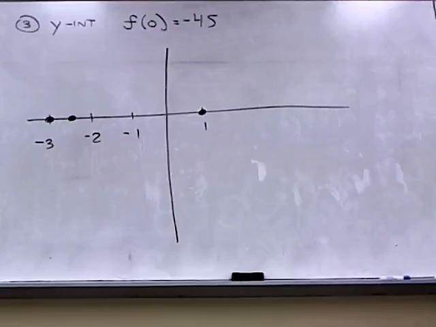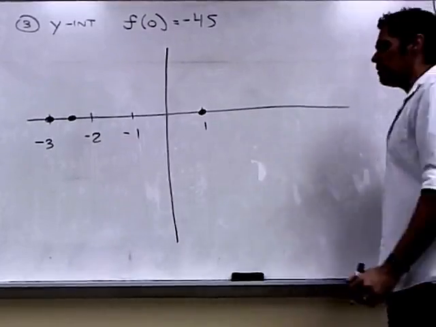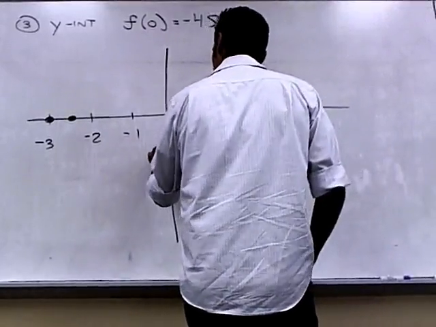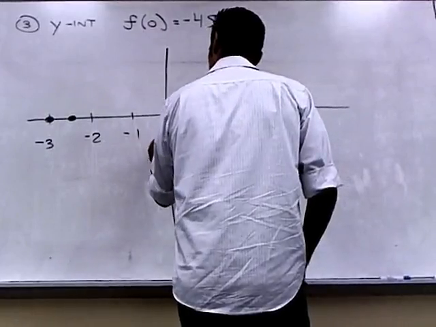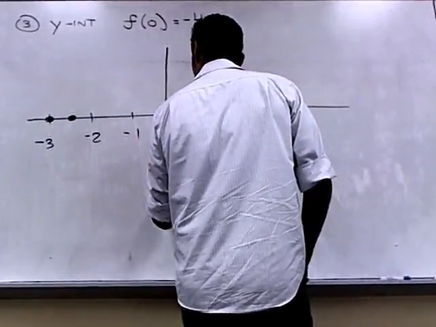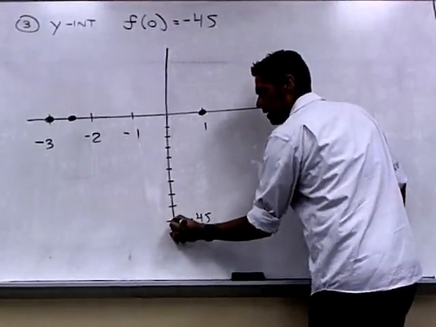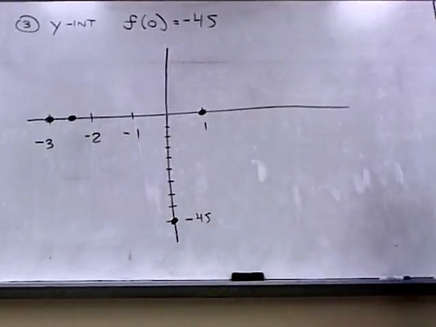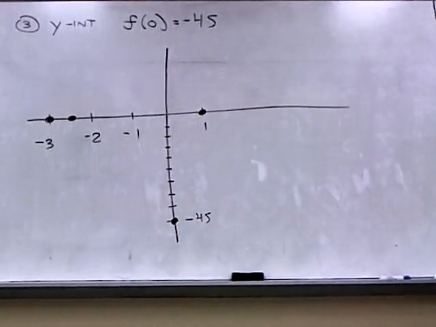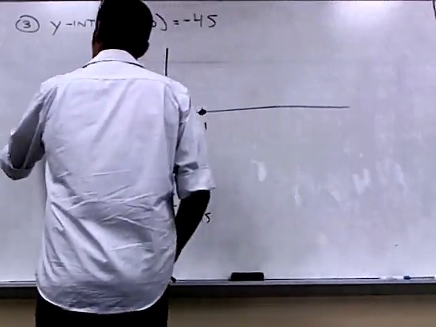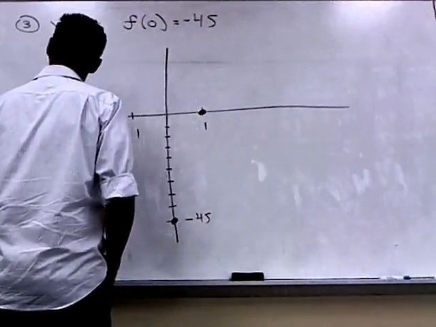The next thing I draw, my y-intercept, is at -45. So why don't I just count by 5, 10, 15, 20, 25, 30, 35, 40, 45. -45 is my y-intercept. My left and right behavior, up. So far left point, I go up.